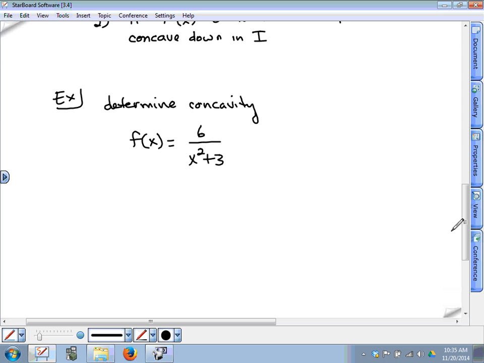The one thing that makes these problems fun is: how do you determine concavity? Second derivative. We'll take a look at this one. Quotient rule and then another quotient rule. Nice. Well, let's do baby steps.